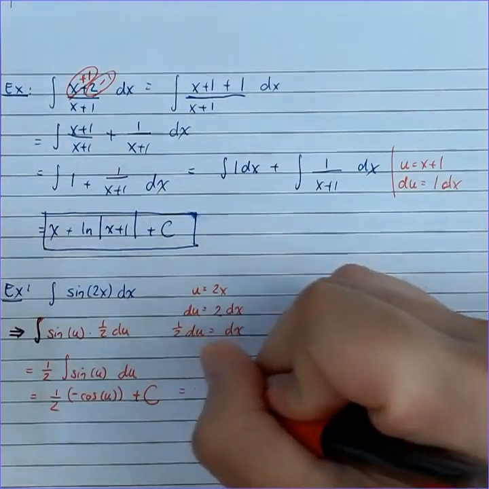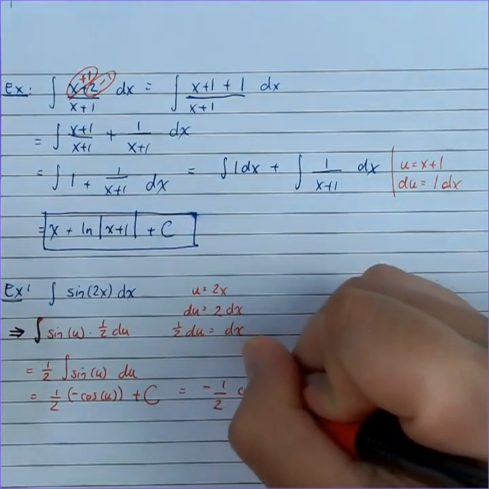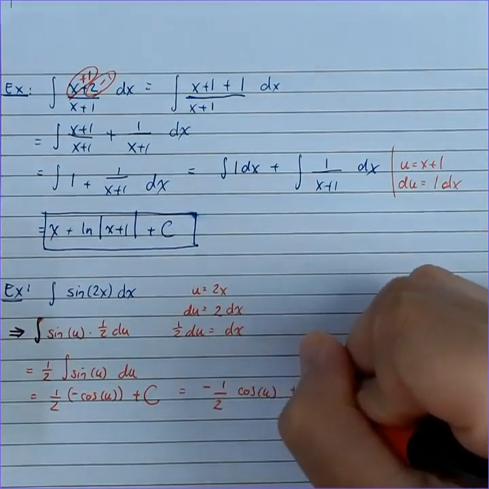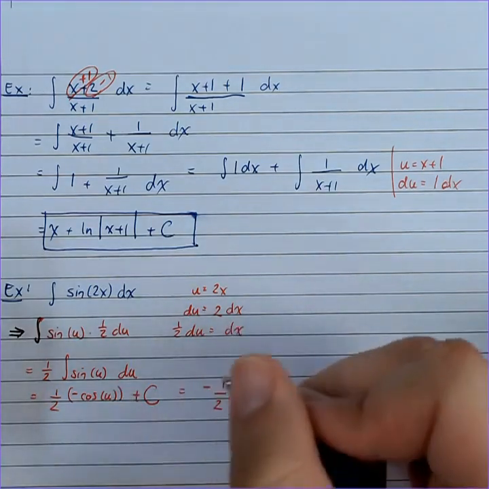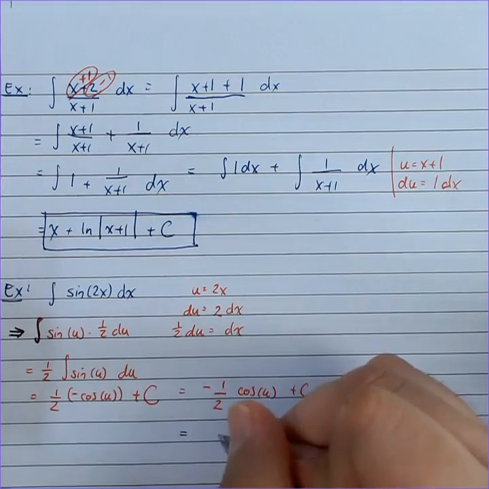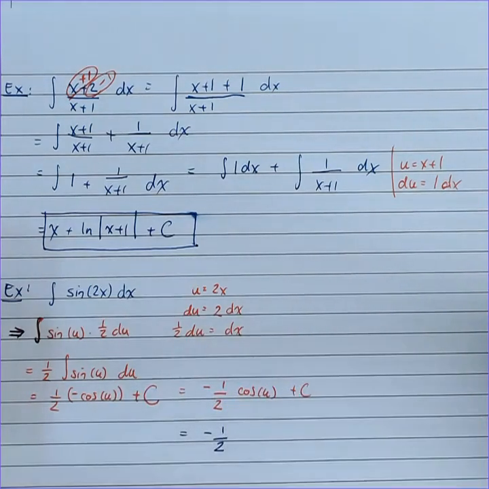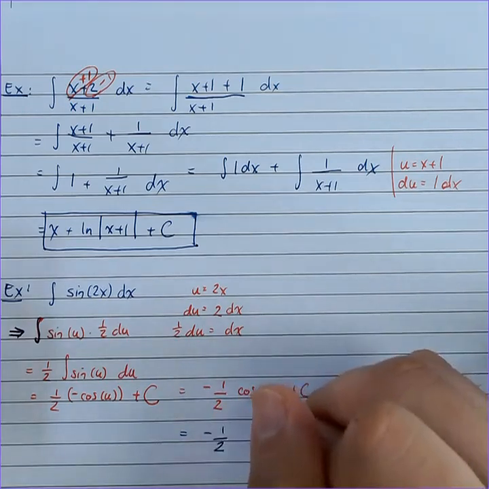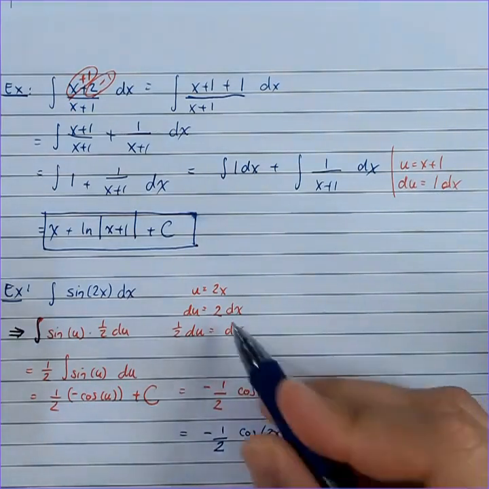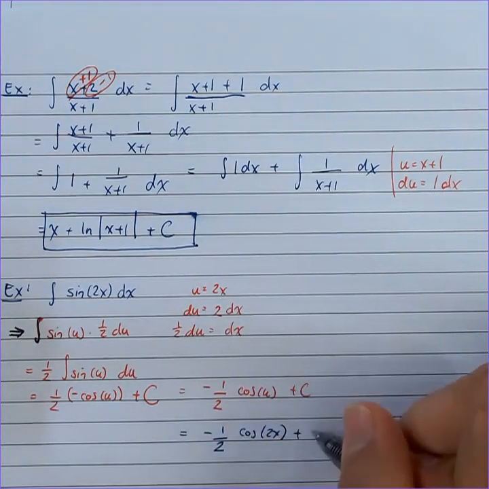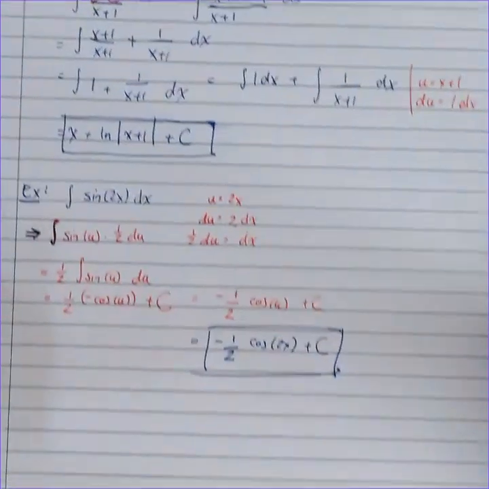So we can write this as negative 1/2 cosine of u plus c. But of course, u is a stand-in for 2x, so we can write this as negative 1/2 times the cosine of 2x, just substituting u for 2x again, plus my constant of integration. And that's my result.